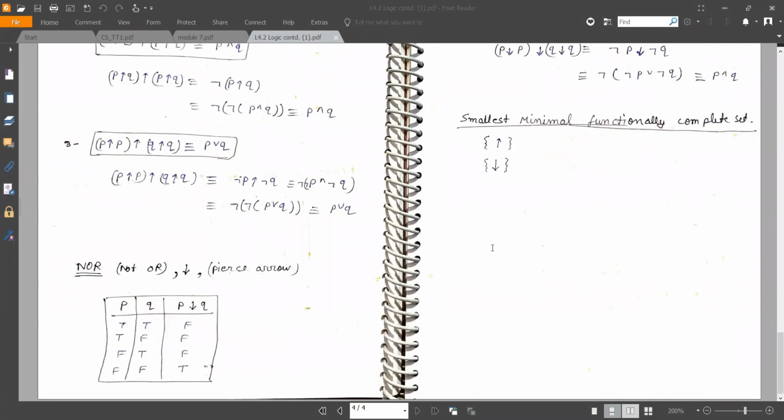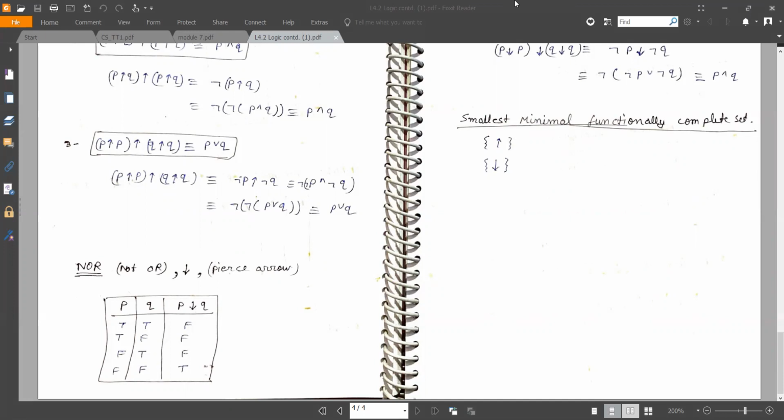Means using any single one of these operators, either NAND or NOR, we can represent any kind of propositional logic. Or in Boolean algebra, these two gates, NAND and NOR, can be used to construct any possible Boolean function. Okay, so let us stop here with the logic part.